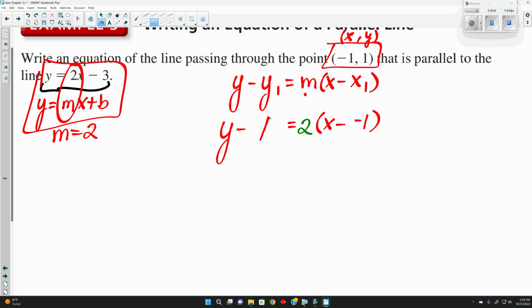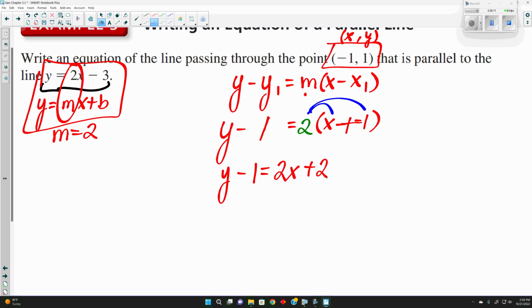Any questions on this so far? Are we following along so far? Yes? Get y by itself and we are done. So the first thing we're going to do is multiply through by 2. So we're going to say y minus 1 is equal to 2 times x plus 1. 2 times, well, here the negative and negative make a positive, 2 times 1 is plus 2.